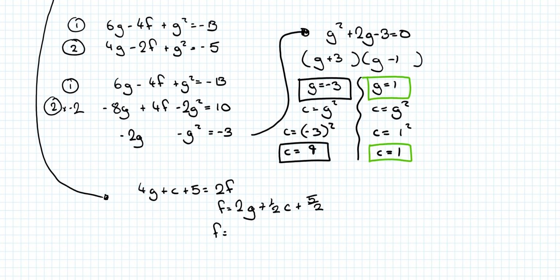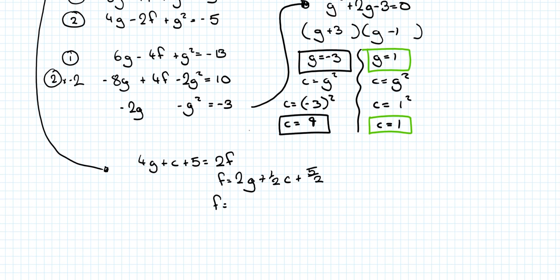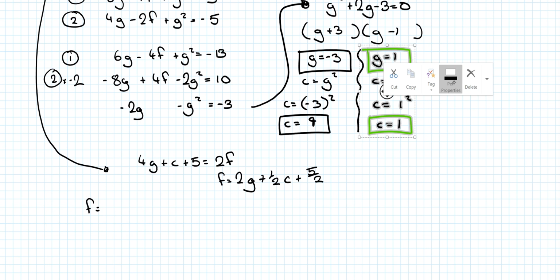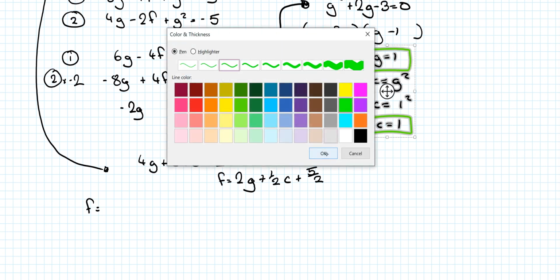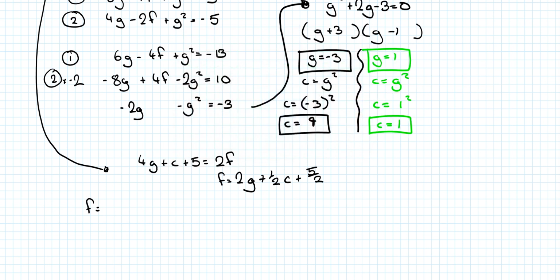F is equal to, now I need to do both options, the black option and the green option. And actually, to make this look nice and easy to follow, I can change the color of the pen. Green option: f is equal to 2 times minus 3 plus a half times 9 plus 5 over 2.